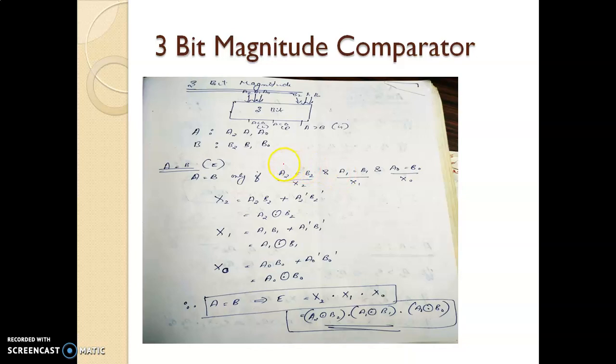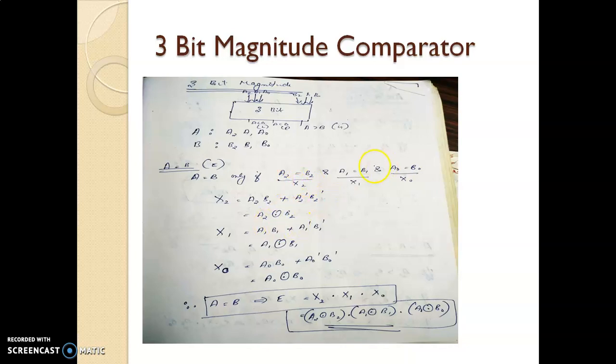When can you say that A2 is equal to B2? If A2 is 0, then B2 has to be 0, so A2 bar B2 bar, or A2 B2. In other words, A2 is equal to B2 is A2 XNOR B2.